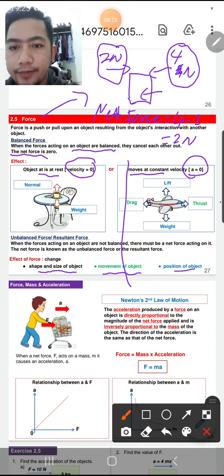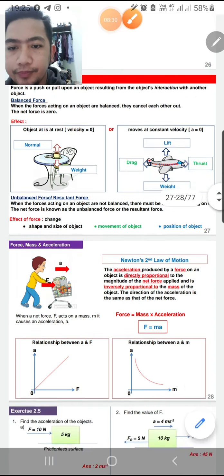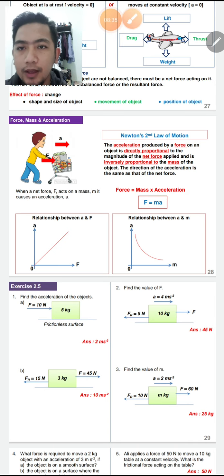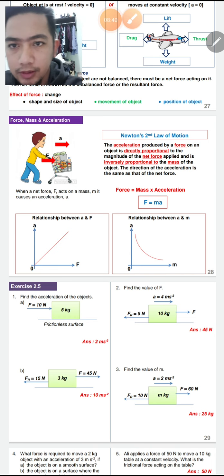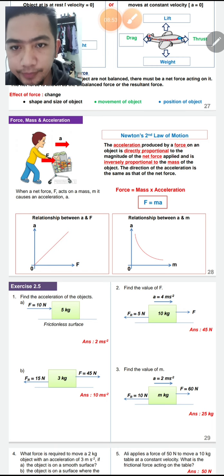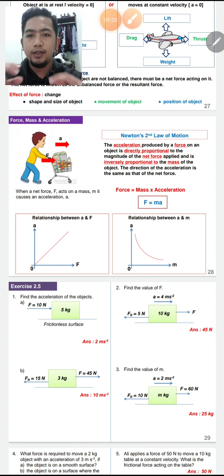Okay, alright. Next, we are going to learn about what is the relationship between force, mass, and acceleration. So here a boy applied a force to the trolley. So when a net force F acts on a mass, it causes an acceleration. So itu trolley memang ada mass kan, ada jisim dia.